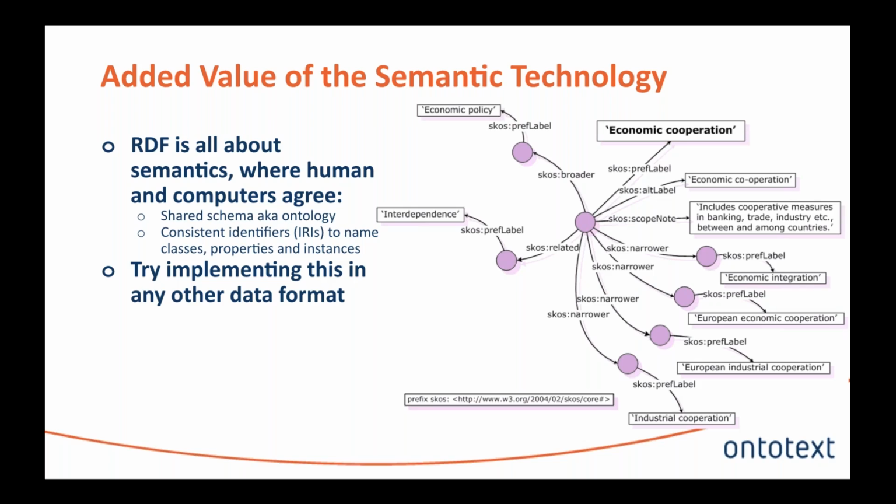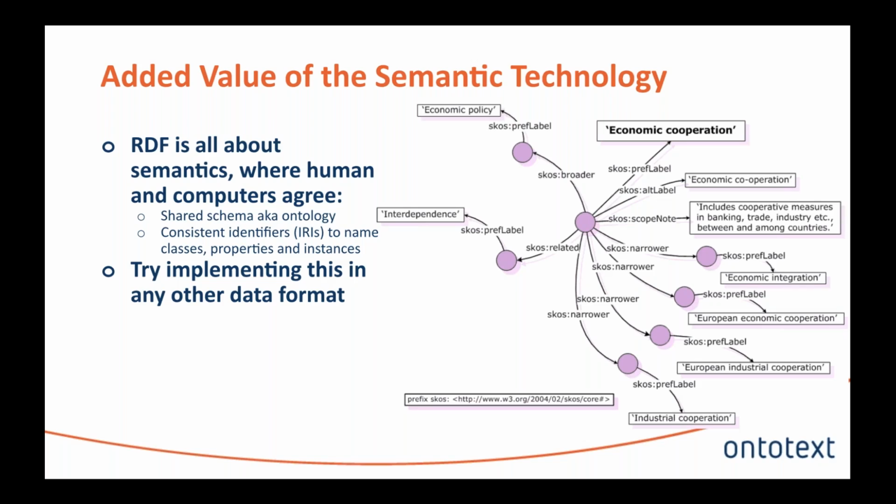We know what economic cooperation is, and the concept which is referring to it, that this is a thing and the preferred way to label it is economic cooperation. Then there are different alternative labels, which are the valid ways to also spell this type of term. And there are some broader and narrower concepts which further expand and give you this type of background information.